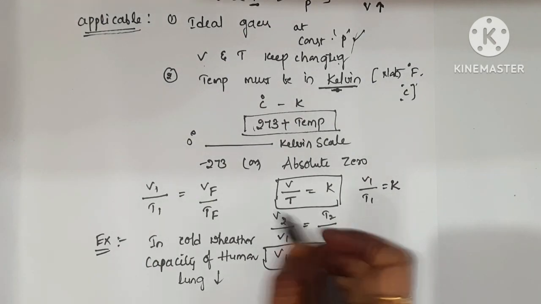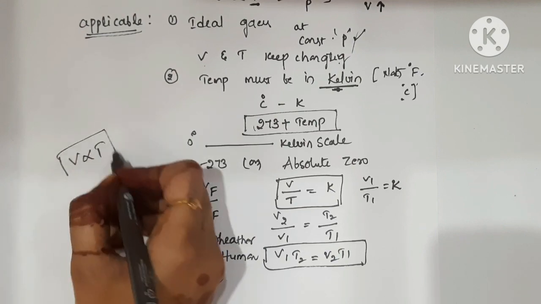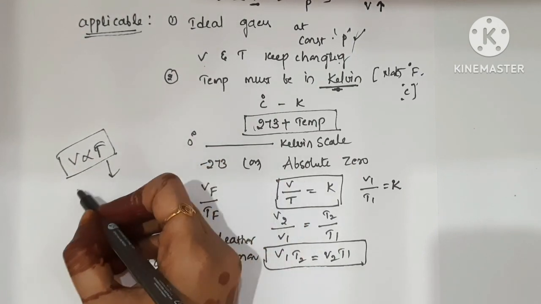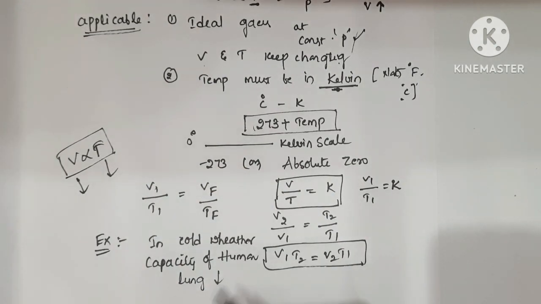Because V is proportional to T. When temperature decreases, the volume of the gas also decreases, right? In cold weather, temperatures drop, very cold conditions, so the capacity of human lungs also decreases.